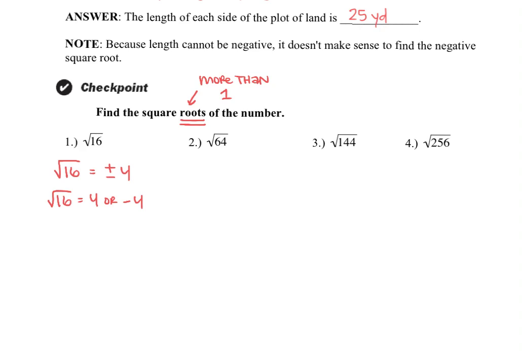All right, 64. What number times itself is 64? Well, that would be plus or minus 8. All right, how about 144? Well, you might not know this one. You could start typing things into your calculator, or now would probably be a good time for me to teach you how to use your calculator to find this. So if you're using the calculator that we've been using all year in class, here's what you're going to do.